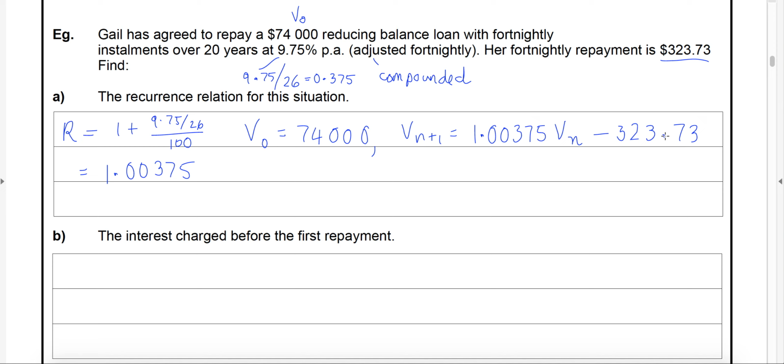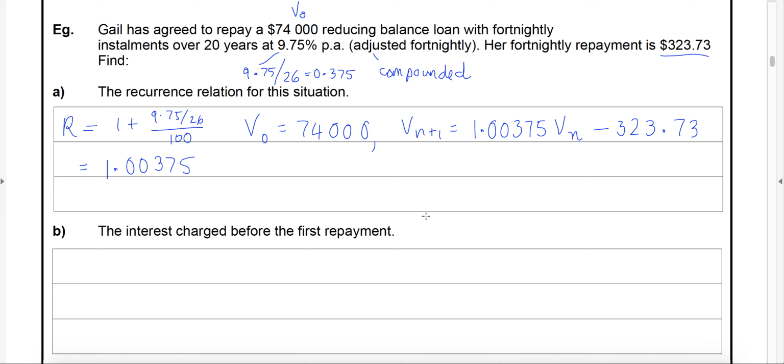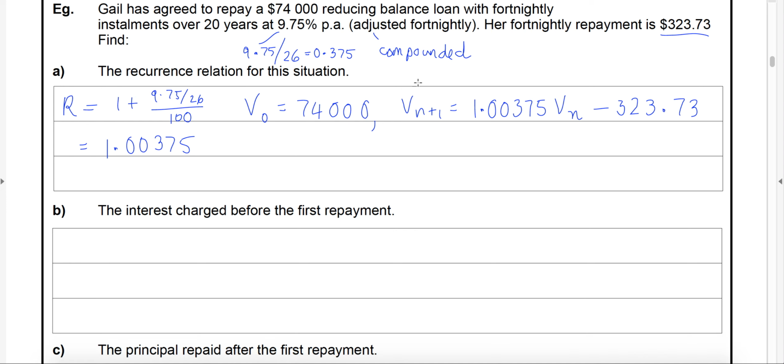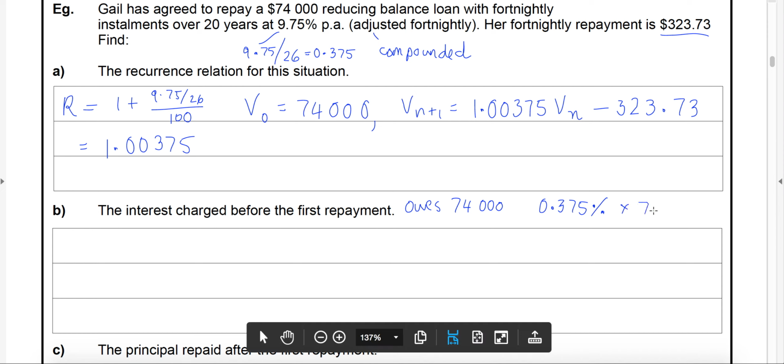Okay, so what we're asked next is, what's the interest charged before the first repayment? Keep in mind, before the first repayment, owing is $74,000. And the way that a reducing balance loan works is that you are paying your fortnightly rate of interest, which in this case is 0.375%. And you're going to be charged that interest on what you owe.